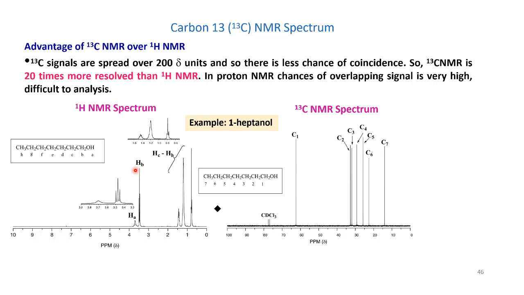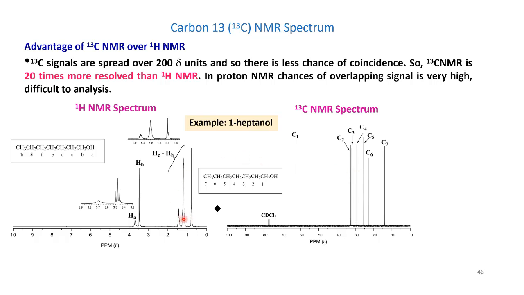Here are some examples for the different carbons. It is basically a comparison between carbon nuclei and a proton. The carbon signals are spread over 200 delta units. Its spread is much higher, as we can see here, from 0 to 100 or even 200. So there is less chance of coincidence. The peaks are distinct and more resolved than the proton.